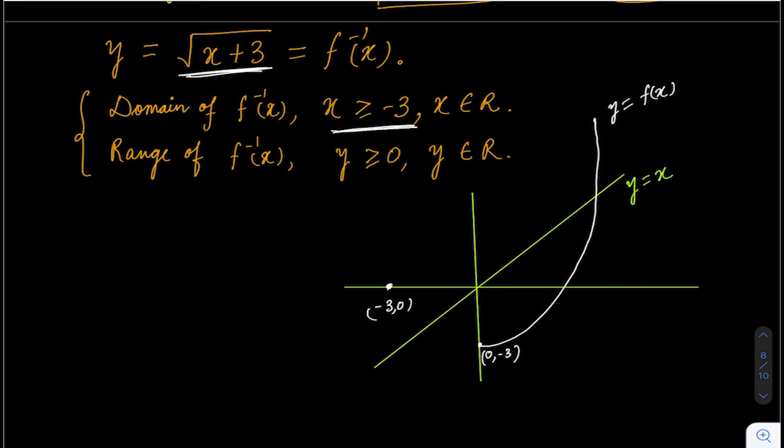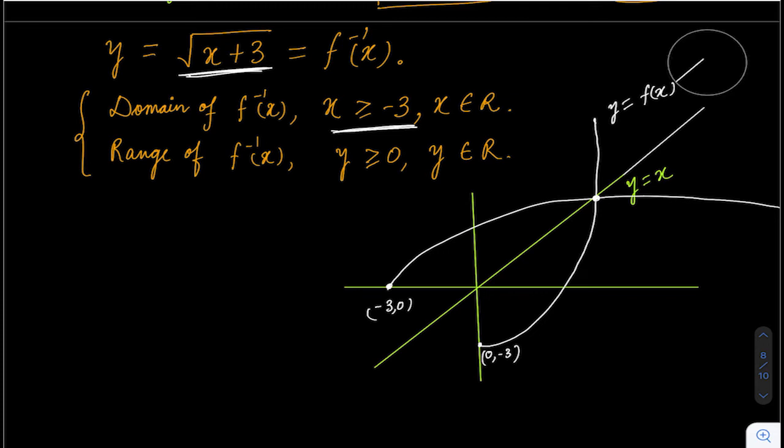So the graph will only be after minus 3. At minus 3, its value is 0. And if you increase the value of x from minus 3, it will start to increase, right? So it will be something like this. Okay, this is a square root graph. We have a quadratic graph, we have a cubic graph, and we have a square root graph also. So this is my y equals f inverse x graph.